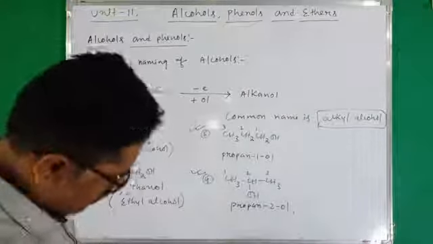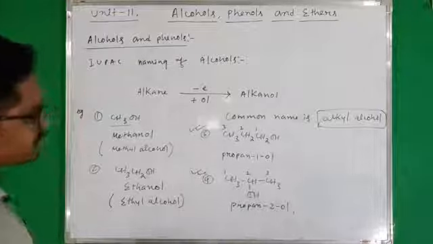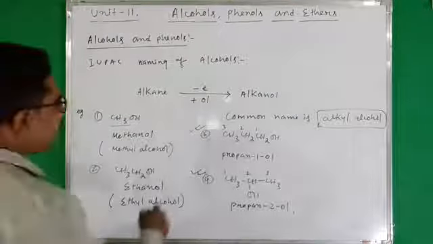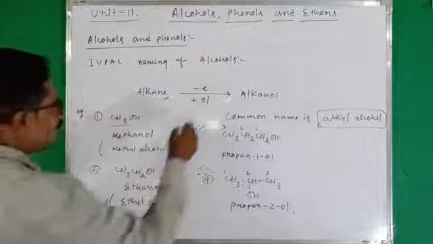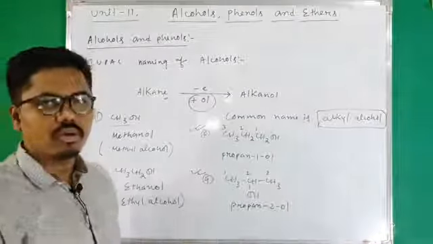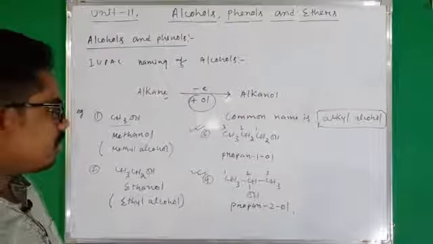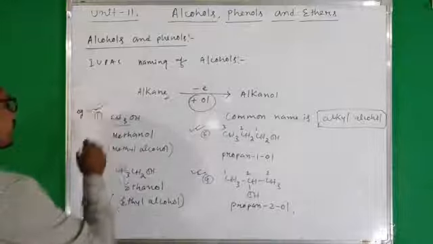So we are writing the IUPAC nomenclature of alcohols. To write the IUPAC name, just remove the last E of alkane and then add OL. That means the result will be alkanol. So you can take some examples.